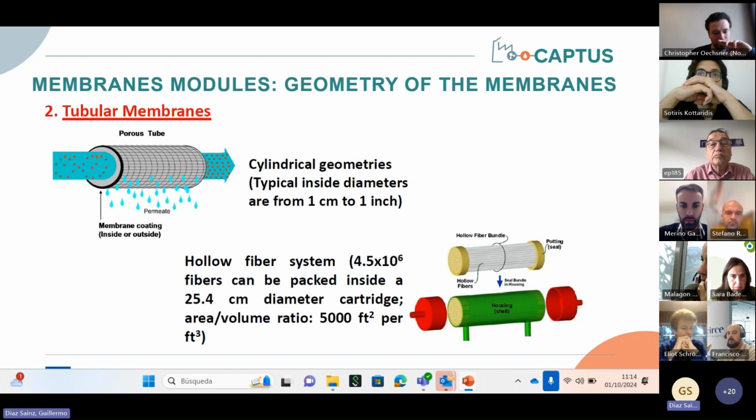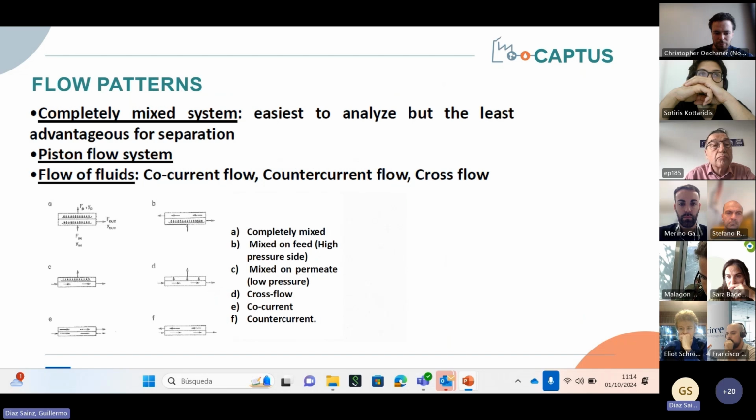It also has some challenges: it is prone to fouling and fiber breakage, and is more difficult to clean in comparison with, for example, the last configuration that we saw in the last slide, which negatively impacts long-term performance. All these types of configuration have some advantages, but also important challenges. And I think that one of the most important parameters of membranes is that it's a very flexible technology.